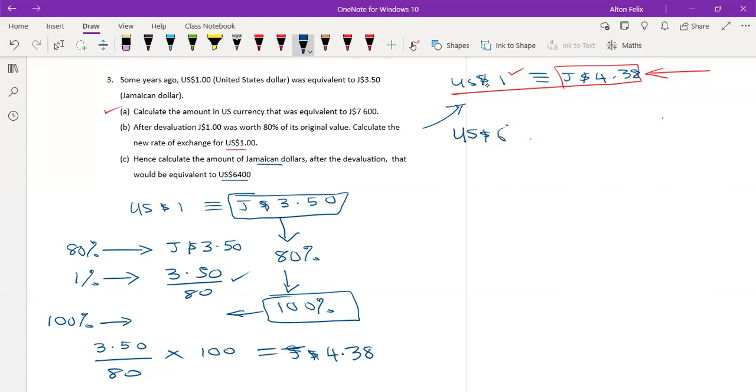US $6,400 will be equivalent to 6,400 by 4.38, and that is the Jamaican dollars now.